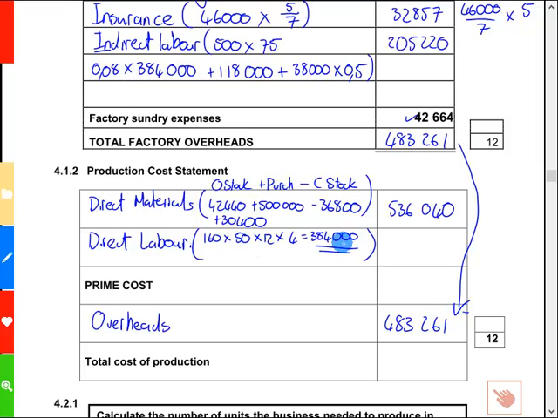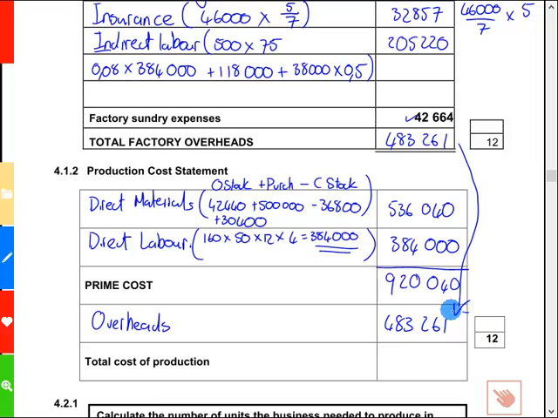Direct labor, we've calculated, but there were no additional direct labor costs. So we can fill in that total there, 384,000. We can then calculate our prime cost, which is the total of these two figures. That's going to be 0, 4, 0. 4 plus 6 is 0, plus 1 is 2192040.